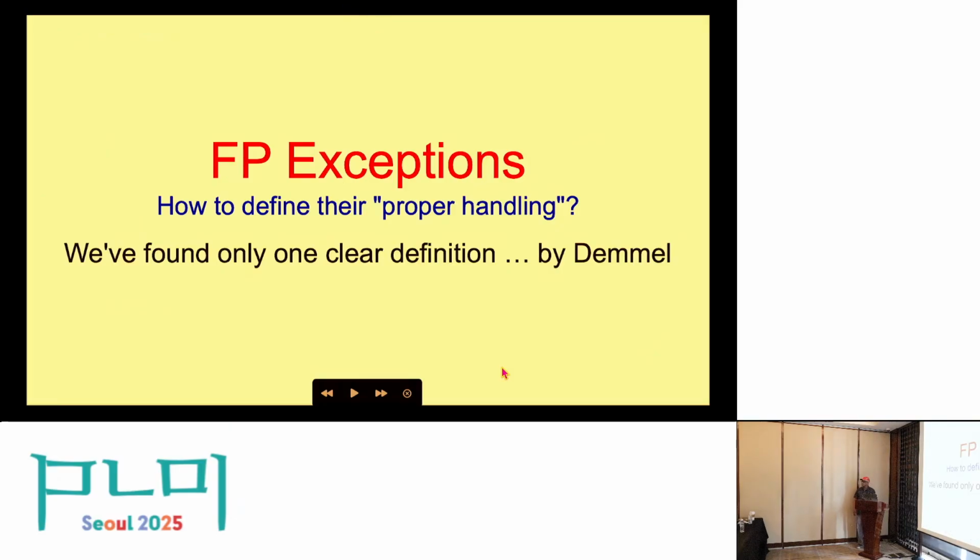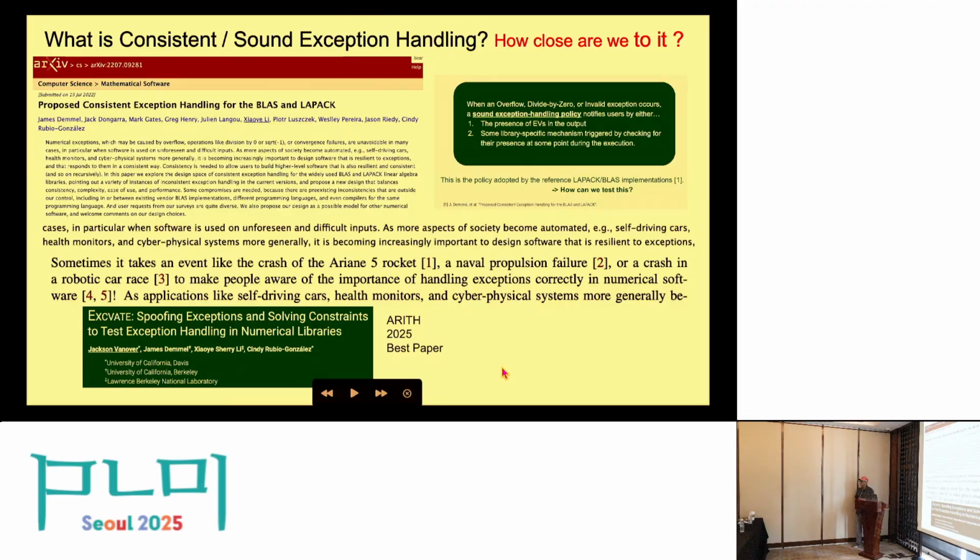So what is the standard that we should aspire to? This is something that the PL community has to actually articulate. One of the simpler definitions that I have seen, which Jim Demmel has put out, is that of sound or consistent exception handling, and he has applied it to construct BLAS routines.